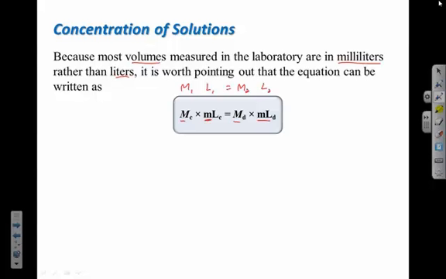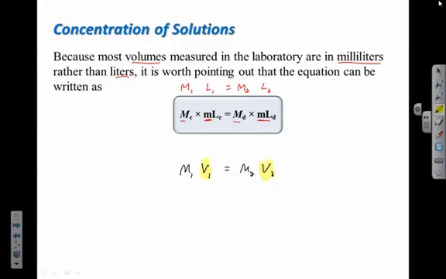Really, I can use any volume. Ultimately this formula comes down to molarity 1 times any volume equals molarity 2 times the new volume. As long as these two volumes have the same units as one another, it doesn't matter what volume units I use.